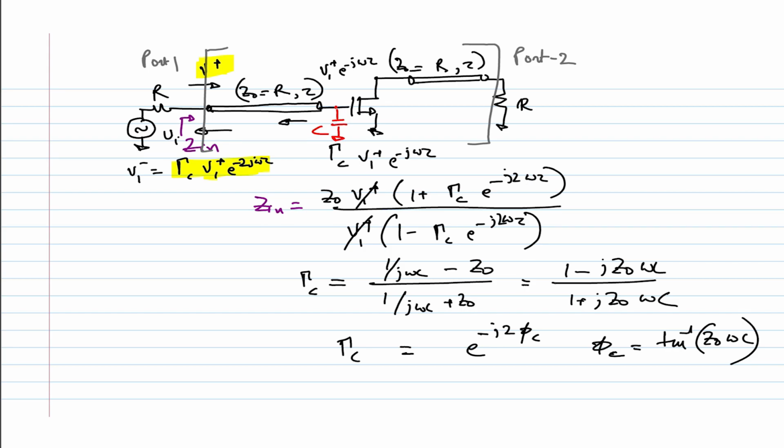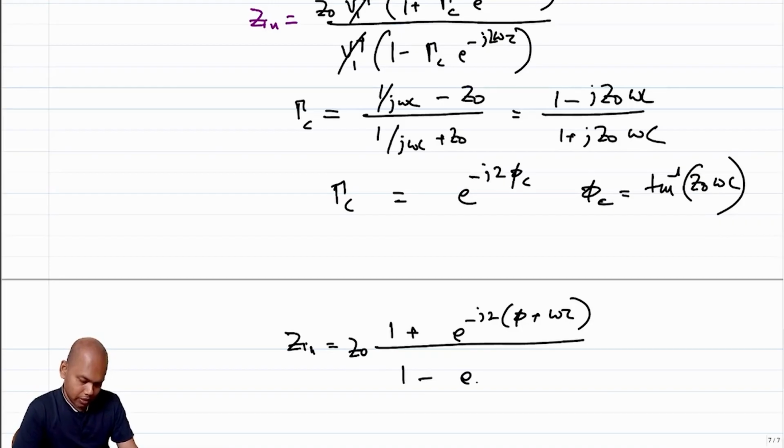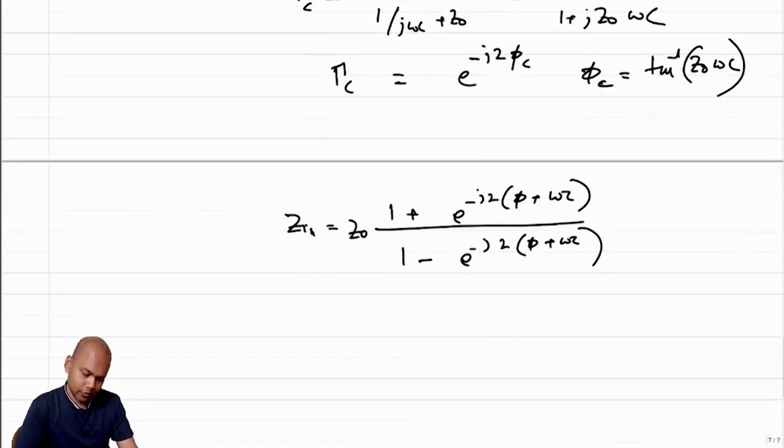So if I plug these values into Zin, what do I get? Zin becomes Z0 times (1 + e^(−j(2φ + ωτ))) by (1 − e^(−j(2φ + ωτ))).